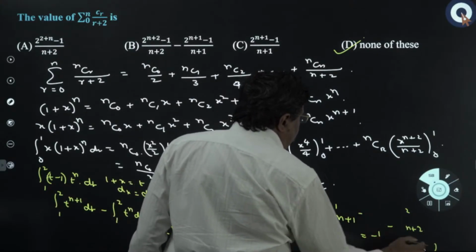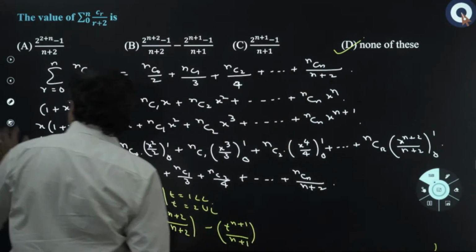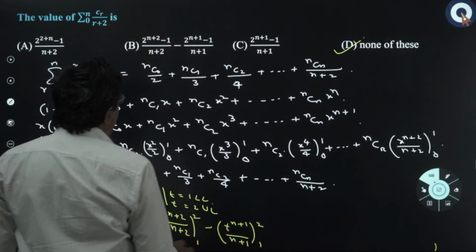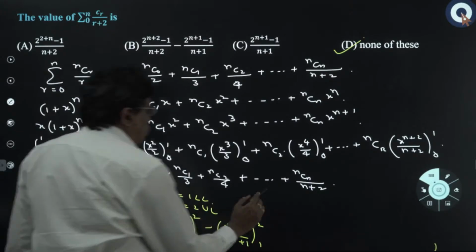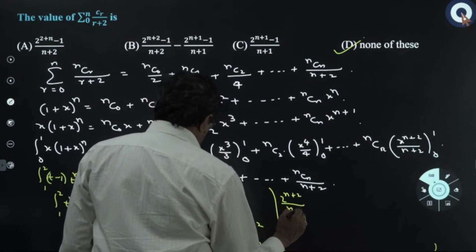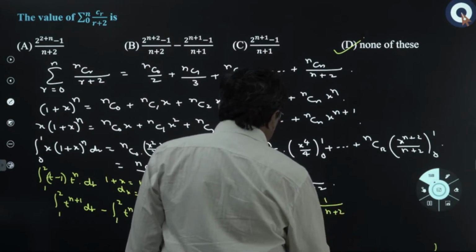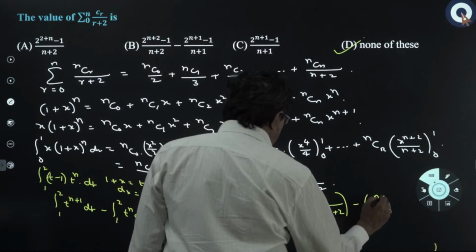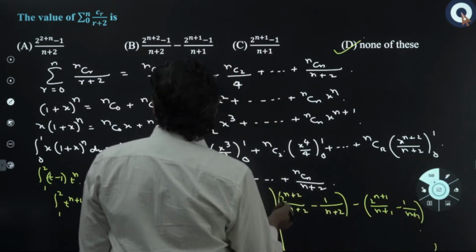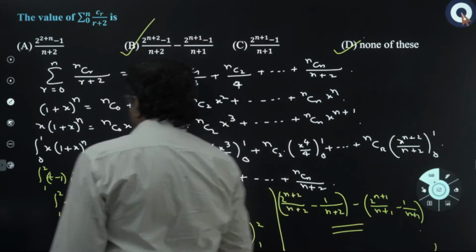So when you apply these limits, you get 2 to the power of n plus 2 by n plus 2 minus 1 by n plus 2, minus 2 to the power of n plus 1 by n plus 1 minus 1 by n plus 1. So we need to simplify a little. So option B is correct.